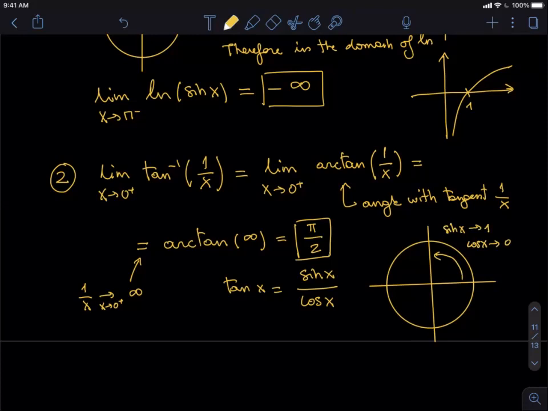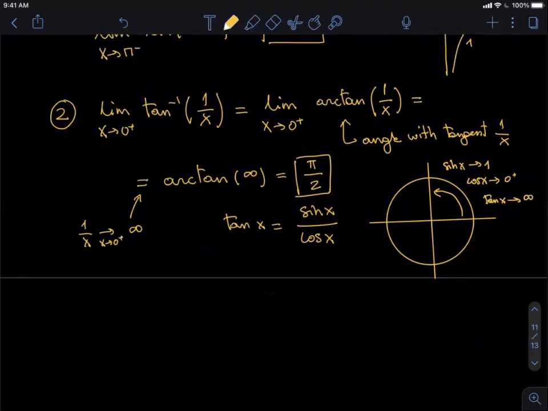So when you do 1 over 0, you get infinity. So the tangent tends to infinity. That's what we are undoing here. Pi over 2 has an infinite tangent. So whenever you see arctangent of infinity, that's pi over 2.